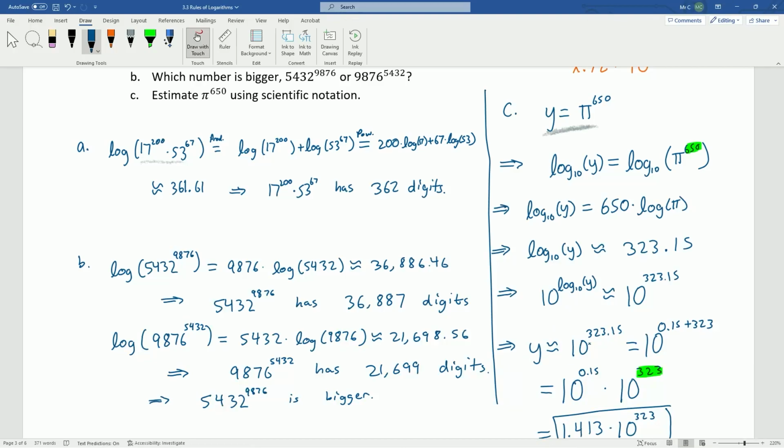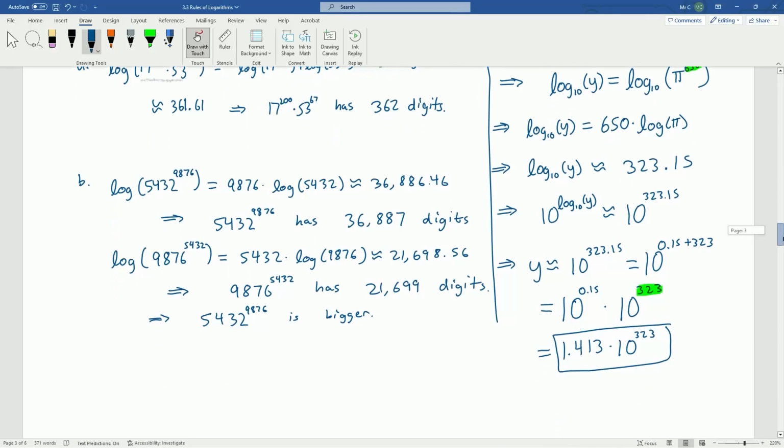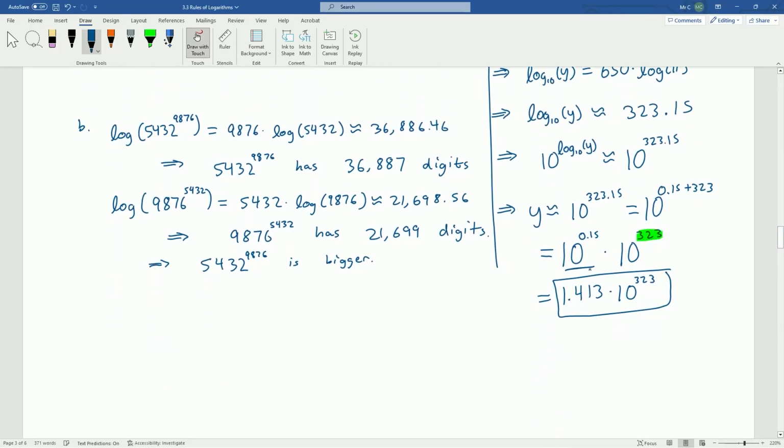And that gives us y equals 10 to the 323.15. All we've done here is rewrite 323.15 as 0.15 plus 323, and then we just applied our exponent property to split this thing up, and then we're good to go. Plug that into the calculator, and that's your scientific notation.